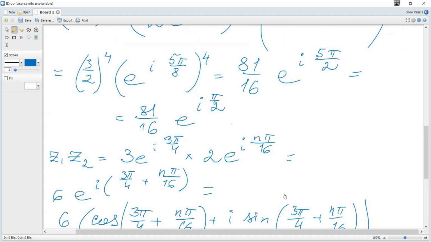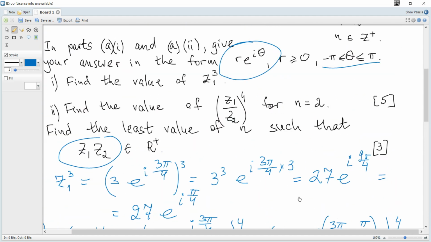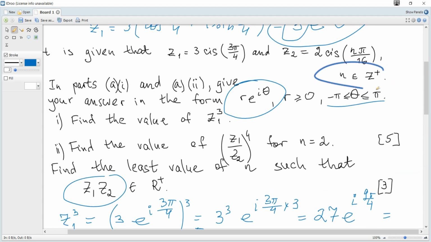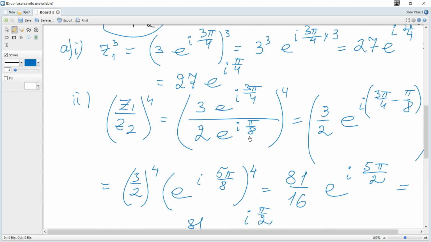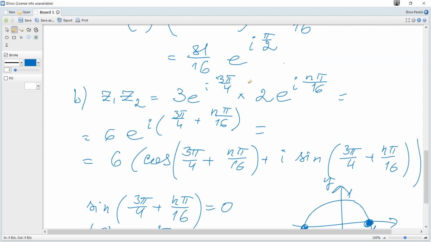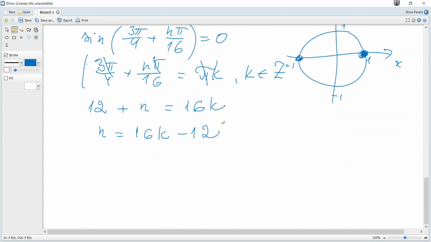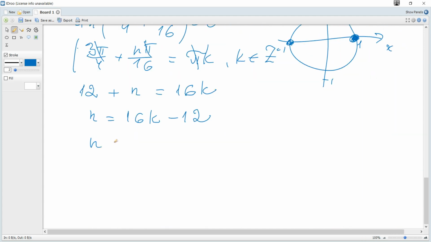And since n should be, n are positive integers. Positive integers, what does it mean? 1, 2, 3, 4, 5, and so on. Let's write solutions. k may be 0, 1, 2, and so on, and also negative 1, negative 2, and so on.